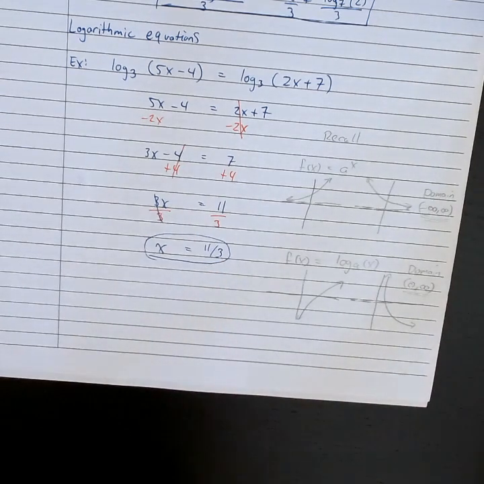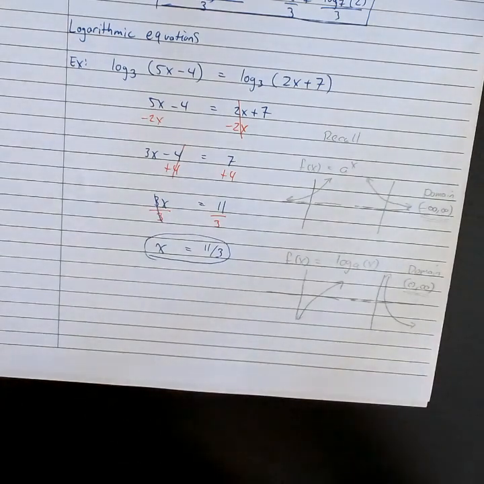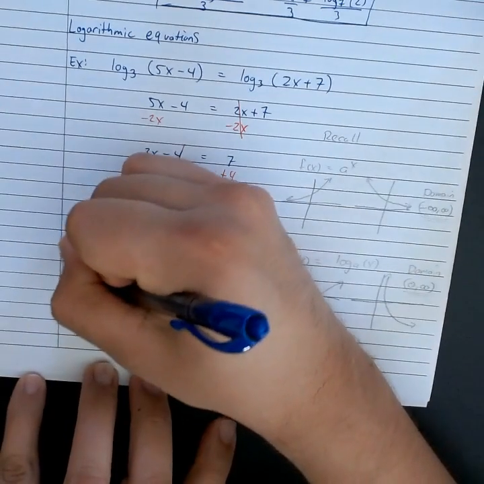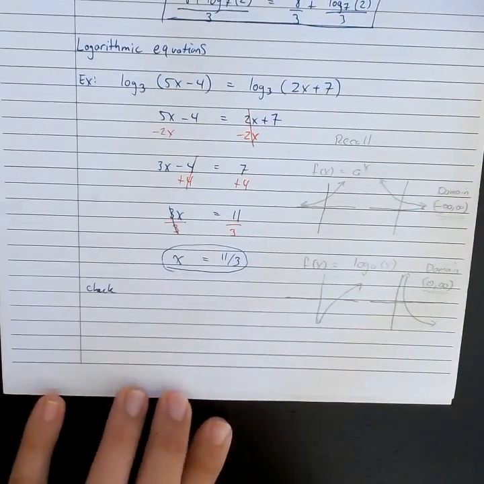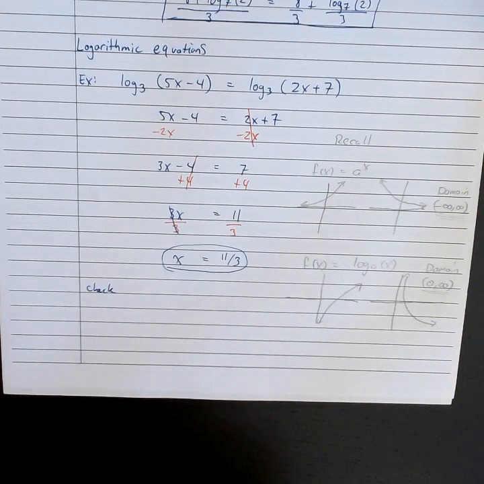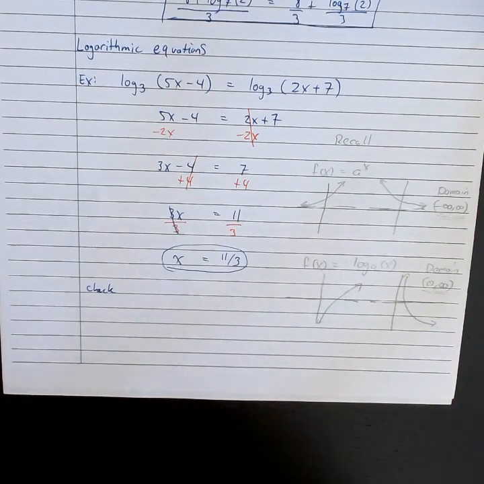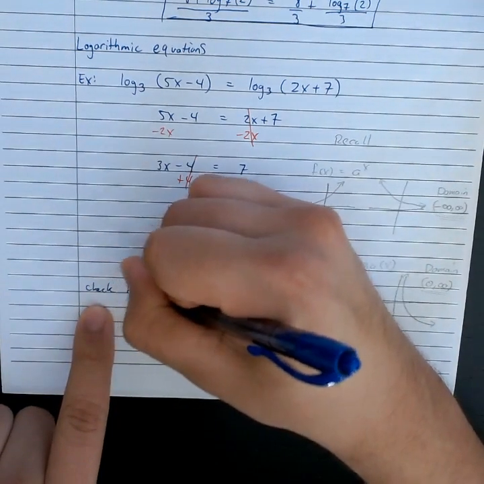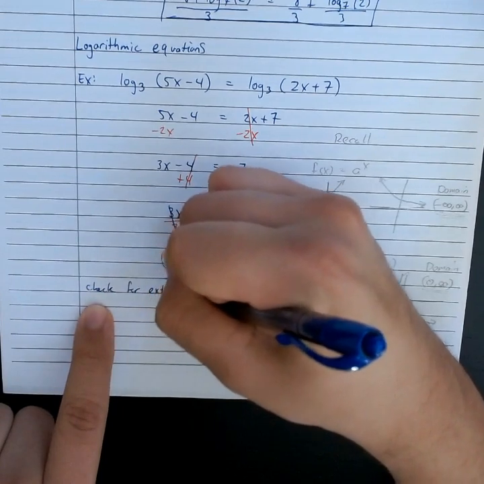Just like back in chapters 1 and 2, we're looking to check for extraneous solutions. For an exponential equation, you're checking because it's a good habit to make sure that you did everything correctly. For a logarithmic equation, it's not just a good idea, it's a required part of the problem. So here we're going to check for extraneous solutions.